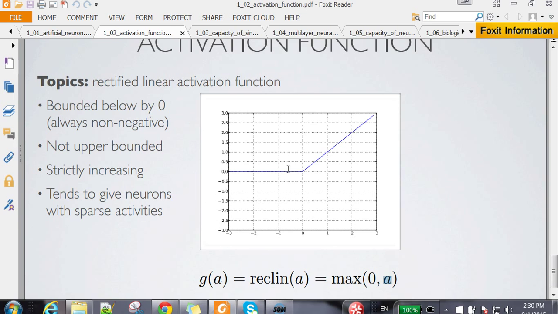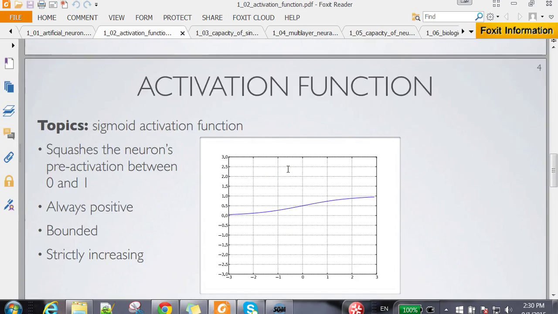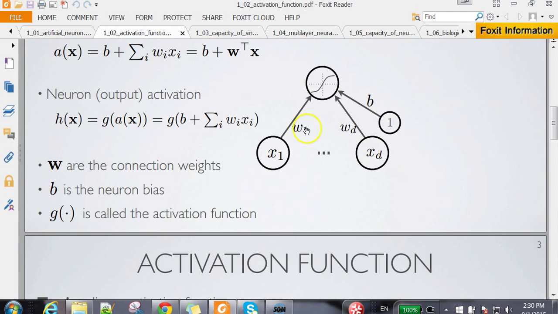So when a neuron outputs nothing, we say it's not active. This neuron is going to be not active a lot of the time. And if we later look at pictures with many neurons, a lot of them will be not active a lot of the time.